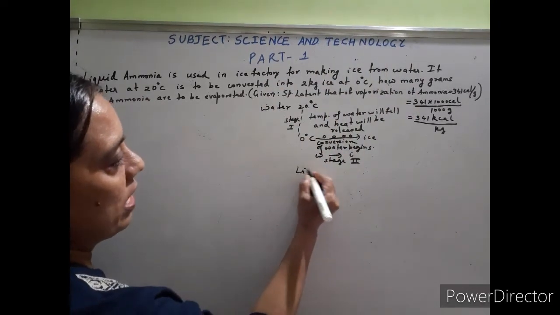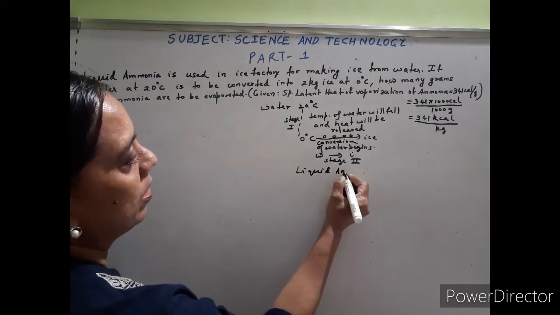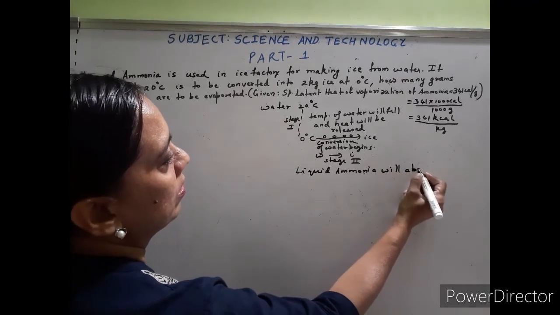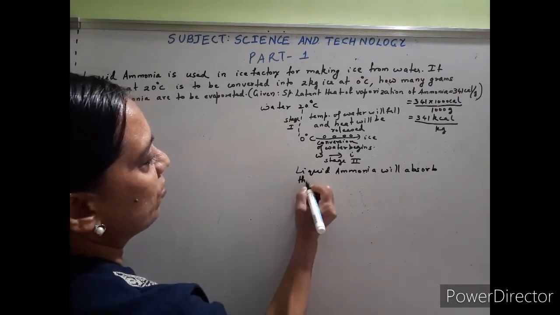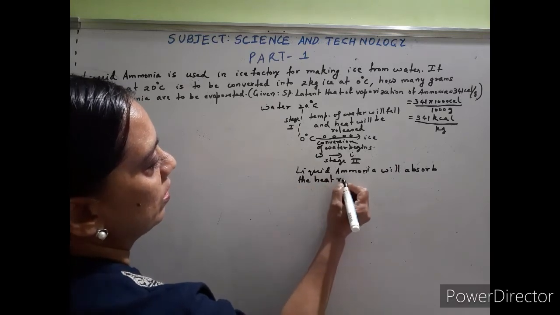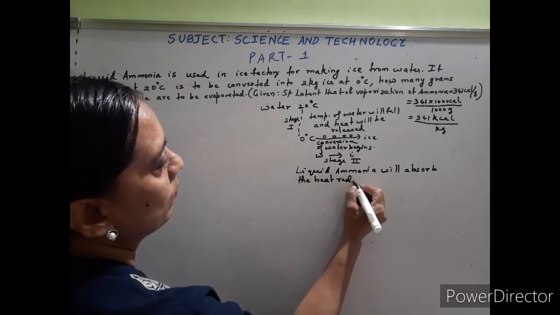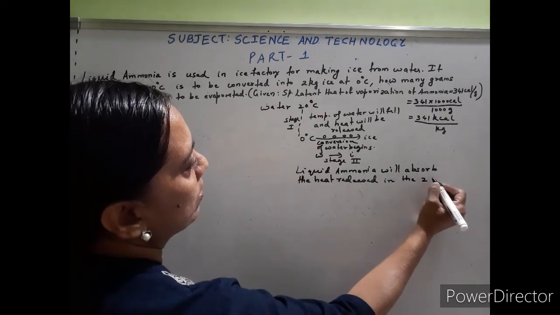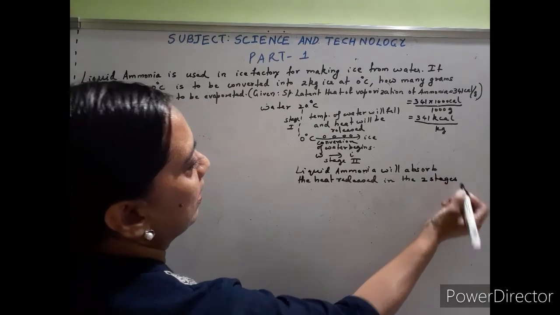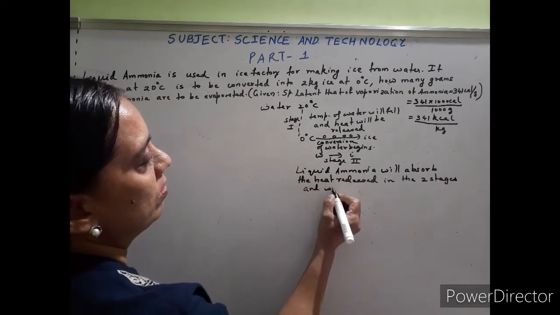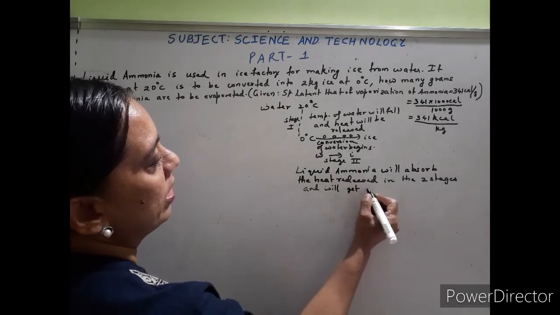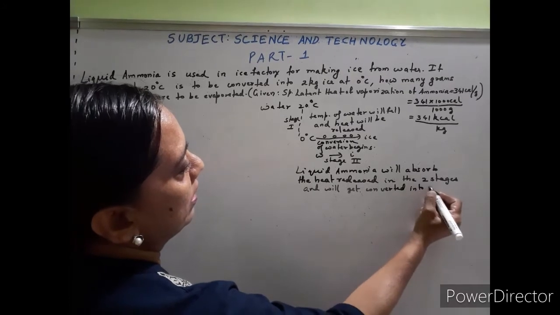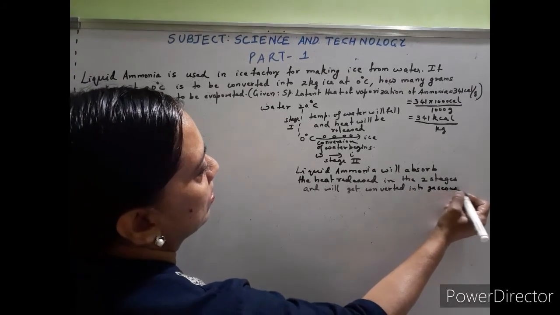So liquid ammonia will absorb the heat released in the two stages and will get converted into gaseous state.